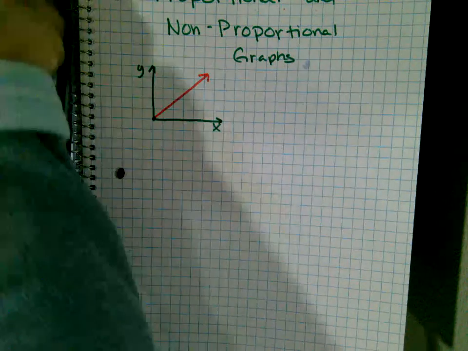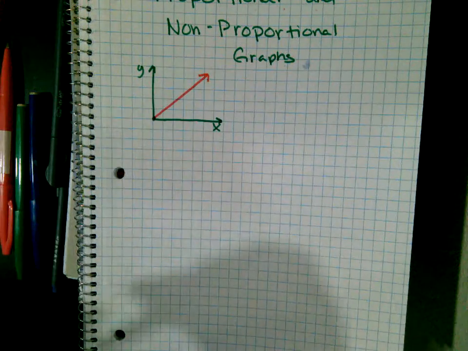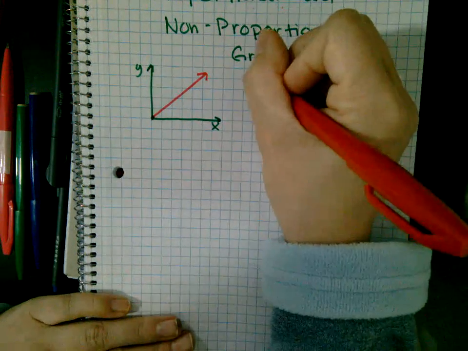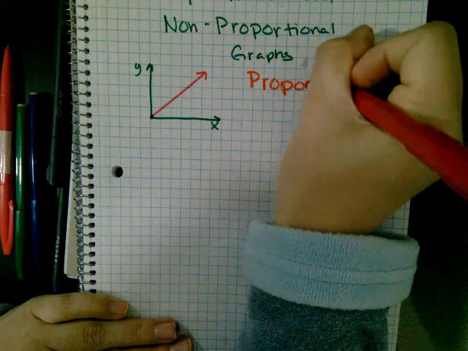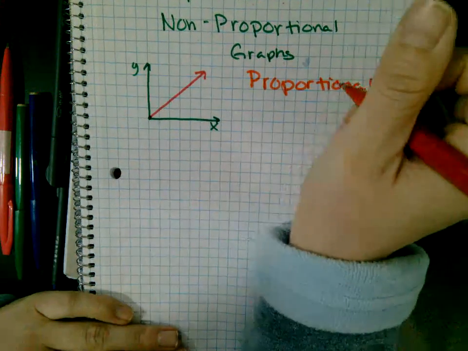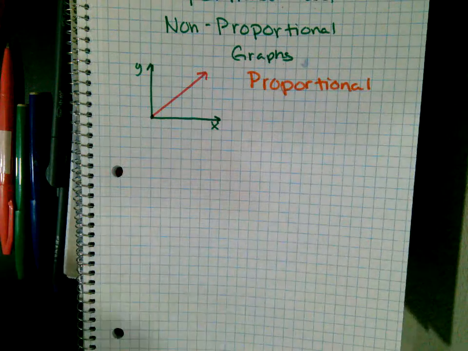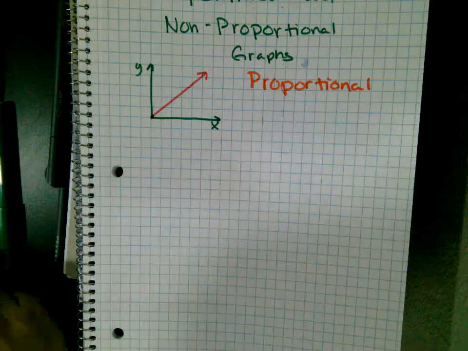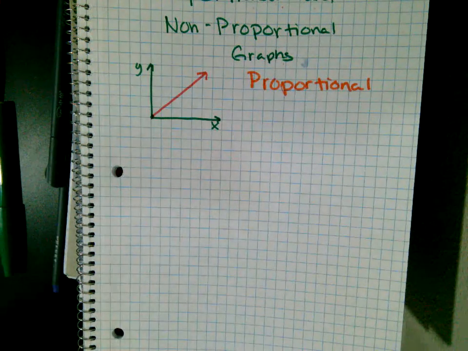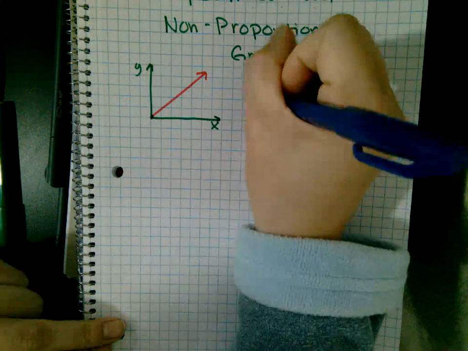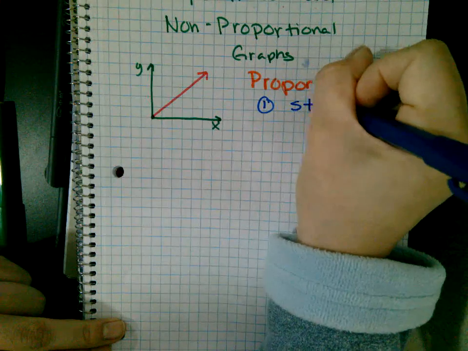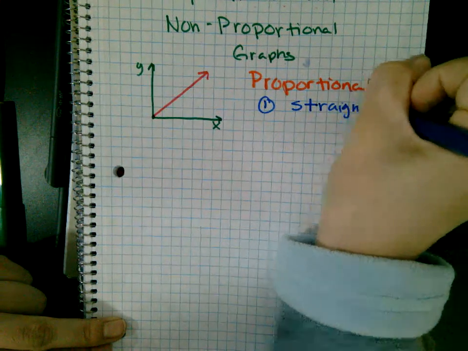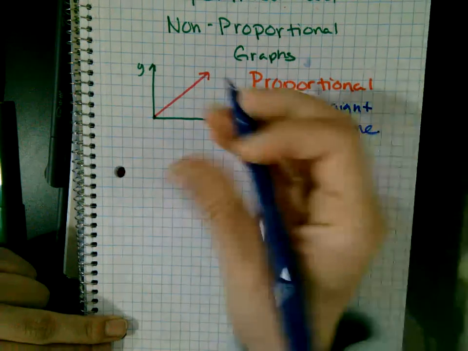So, what they have in common makes them proportional. So this graph is proportional because 2 things happen. And these 2 things happen in every single graph you've actually drawn from me. Number 1, it's a straight line. They're straight lines.